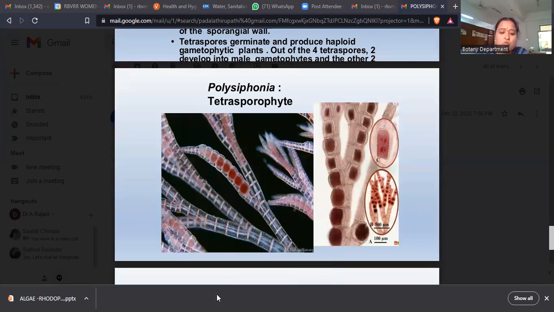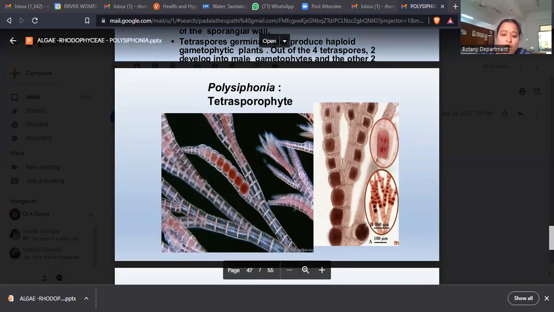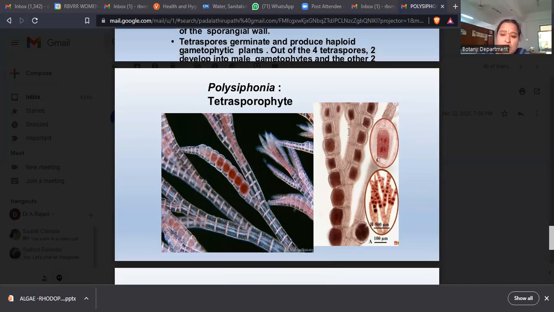The carpospores germinate and form a thallus called the tetrasporophyte, which is the diploid condition. This is a free-living diploid individual. Very important, this question is asked: which alga can you observe as a free-living diploid individual? That is only Polysiphonia.